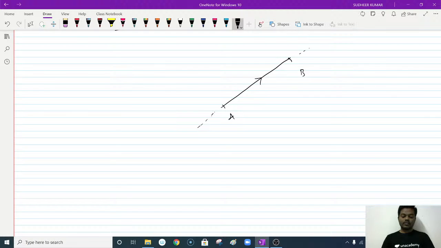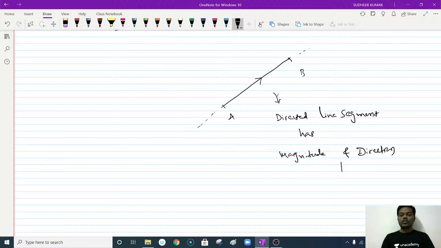So this directed line segment has magnitude as well as direction also, so it is called a vector, right? It is denoted by vector AB. We will represent it like this.